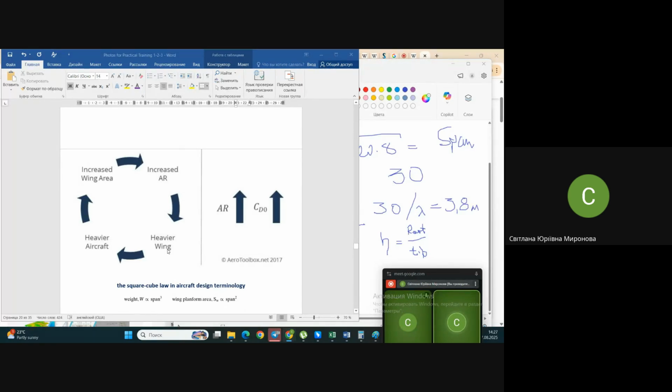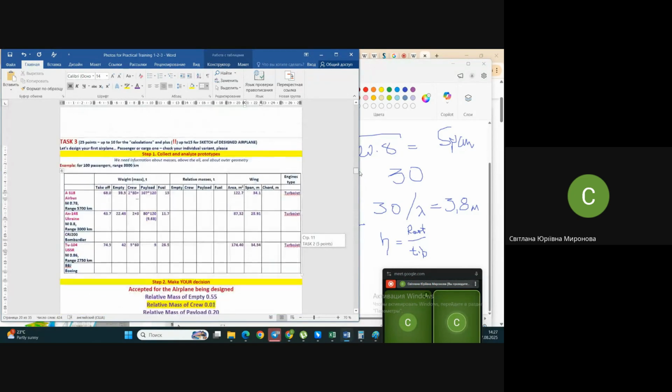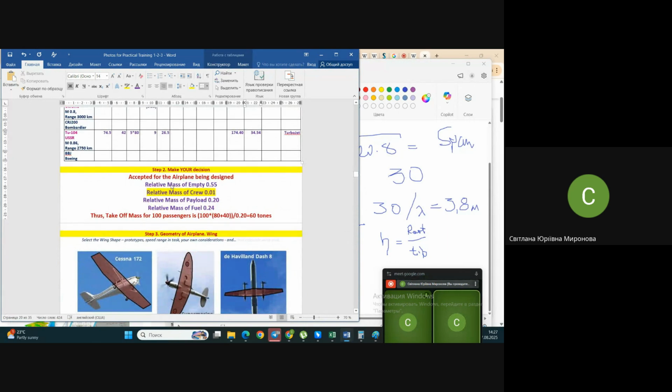The heavy wing, you do remember this beautiful formula of Mazhaysky? The wing in absolute value will be heavier, meaning a heavier mass of structure, and it means a heavier aircraft altogether.